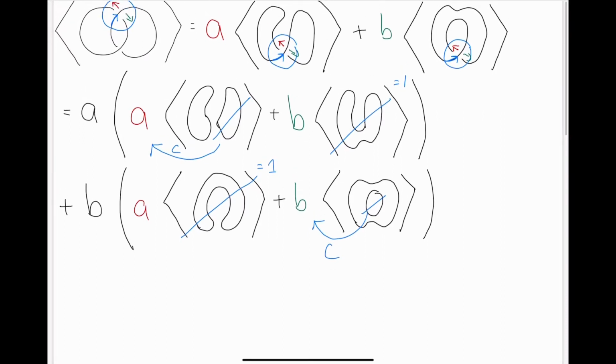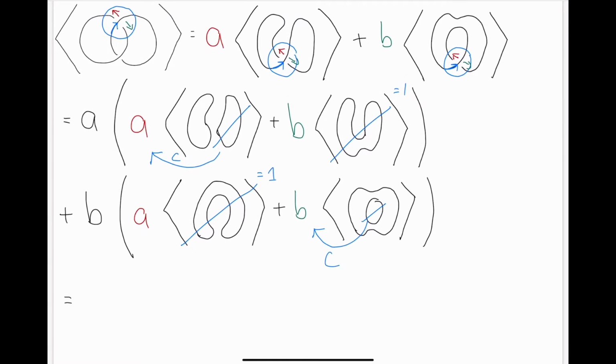So let us summarize what we get overall. Here we get A times C, so A squared C, plus A times B times 1. Next, B times A times 1.